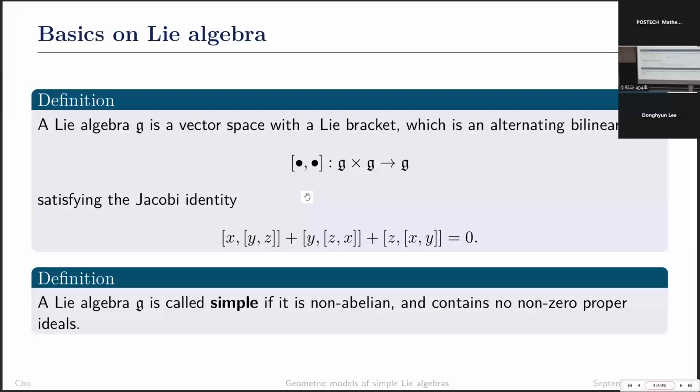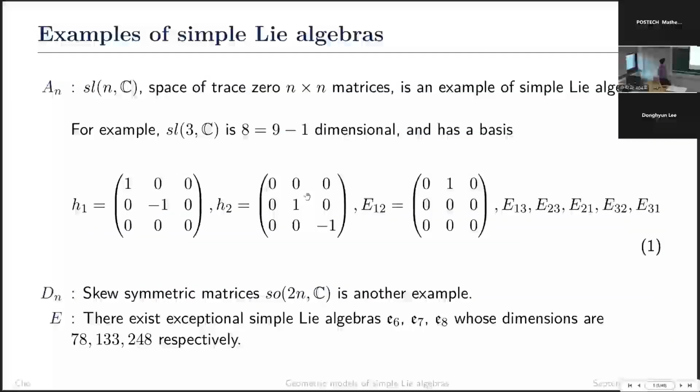A Lie algebra is called simple if it's non-abelian. It's called abelian if the bracket is 0, and if it's non-abelian and contains no non-zero proper ideals, it's simple. Examples of simple Lie algebras are of A_n, D_n, and E type.